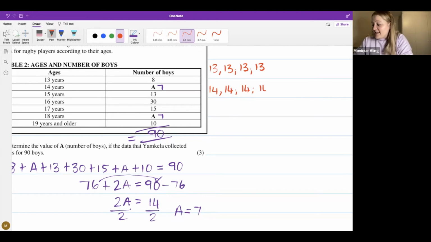We can already see that there's going to be more 13-year-olds because there's 8 of them compared to the 14-year-olds. But there are more 15-year-olds because there's 13 15-year-olds. So if we think about it, what is the modal age? What age do we see the most of? Not how many boys. There we go. Well done. Now the correct answers are coming through.